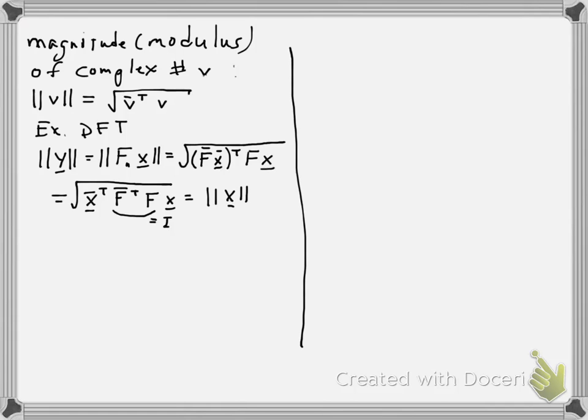It means that the DFT, the discrete Fourier transform, does not change magnitudes. And this is something that's important in scientific computation. And that is not changing magnitudes.